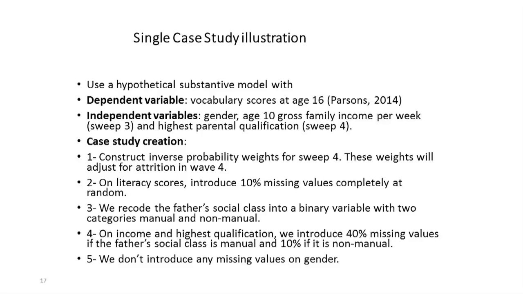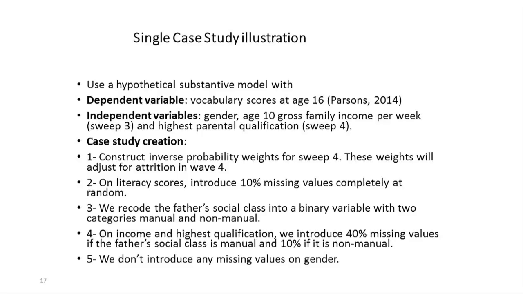I'm going to try and illustrate that with a single case study taken from BCS70, where we're modelling vocabulary scores at age 16 in terms of gender, the gross family income of the family when the child was aged 10, and the highest parental qualification recorded at sweep 16.